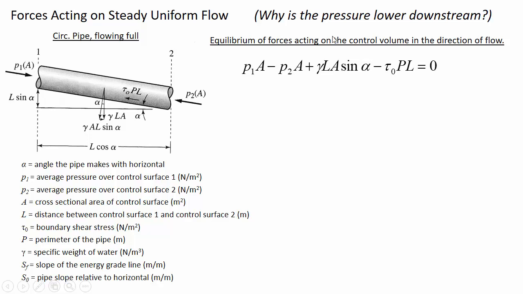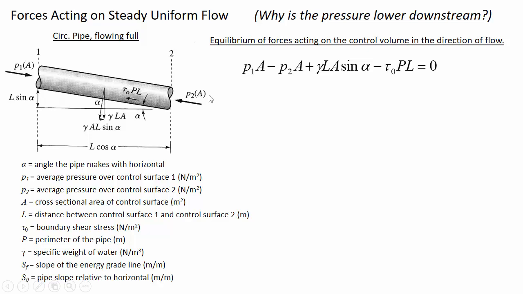So remember, this is all a force balance. So we have the forces that are arising from the pressure times area on the left, which is in the same direction of flow. Then there's some water on the other side of this element of water pushing in the opposite direction. This is a continuous body of water that we've just cut with an imaginary line, with the control surfaces.